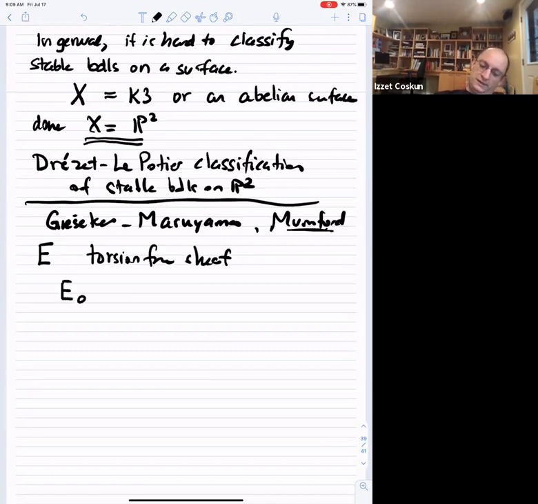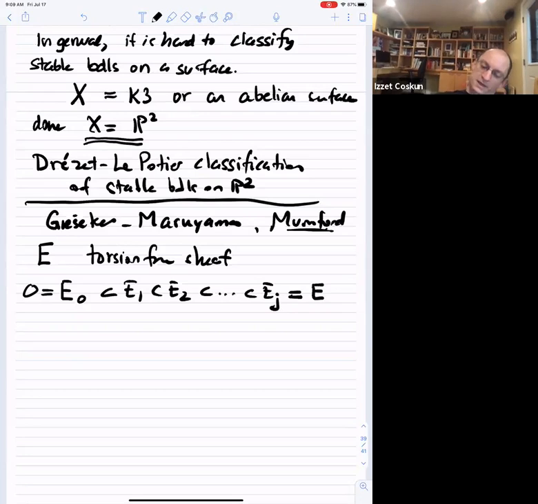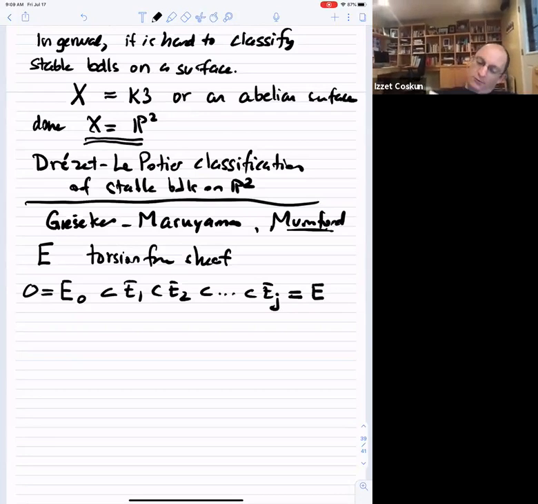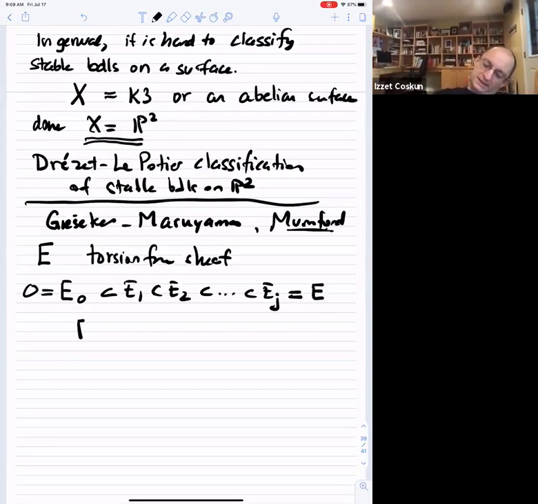You have E_0, maybe this is equal to 0, contained in E_1, contained in E_2, and at some point, let's call it E_j, it becomes equal to E. You have a filtration with the property that if you look at the successive quotients, F_i will be E_i mod E_{i-1}. So these things are semi-stable sheaves.